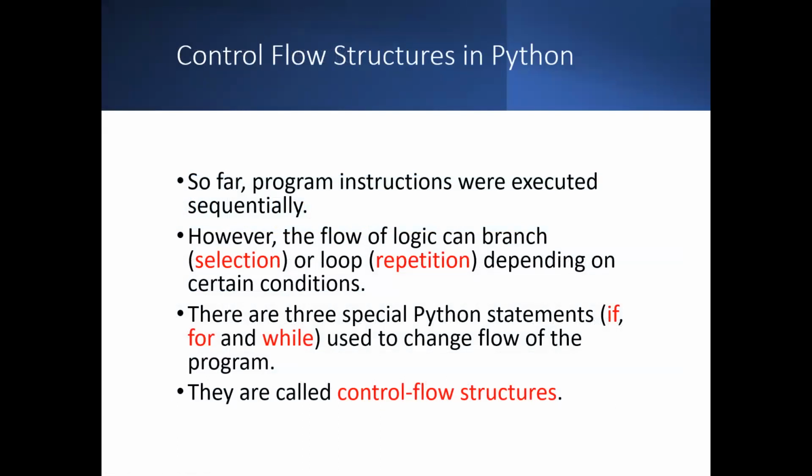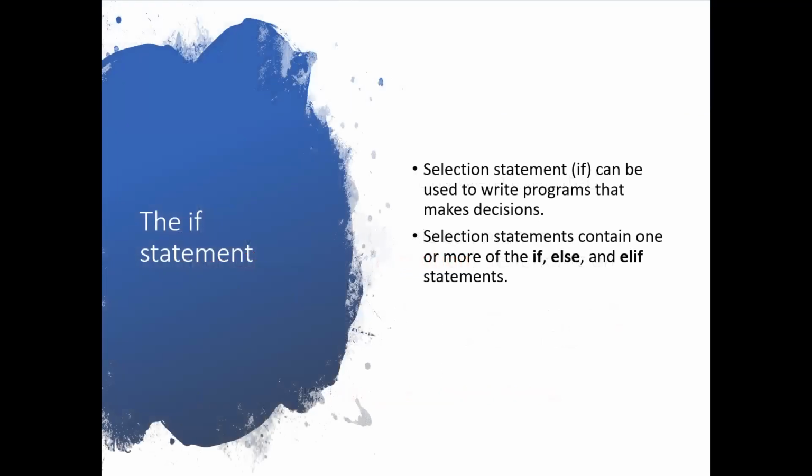In control structures, basically, we are going to talk about selection and repetition. In Python, we use the if, else, and elif statements for selection, and mainly for and while can be used for repetition, right? If you look at if in Python, we have a couple of keywords.